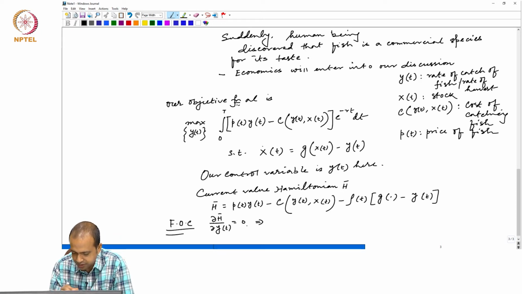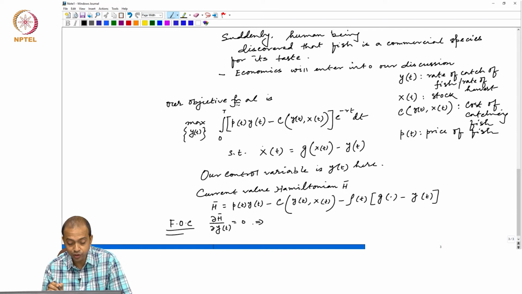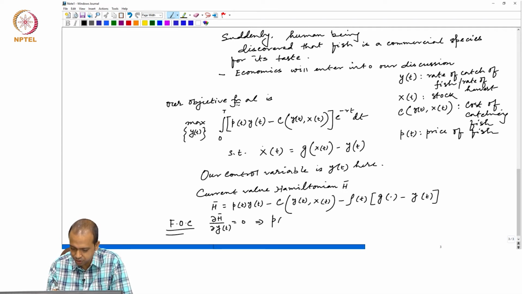And this implies, if I differentiate the current value Hamiltonian with respect to rate of extraction, P t equals C prime plus rho t.